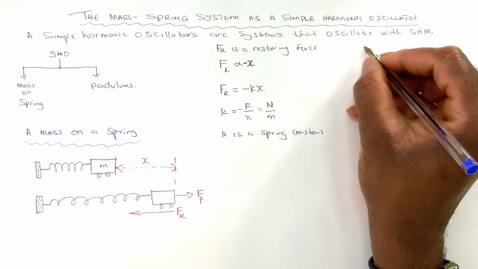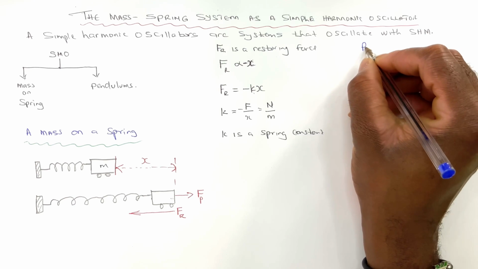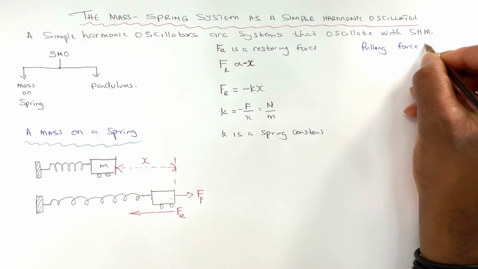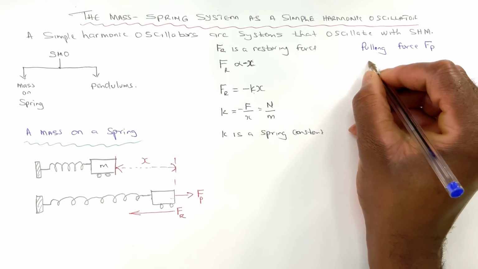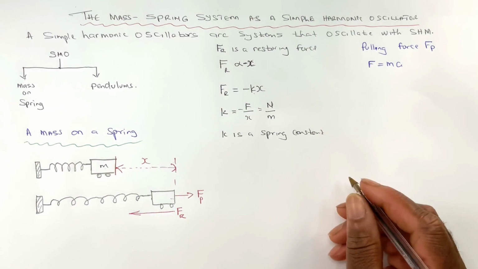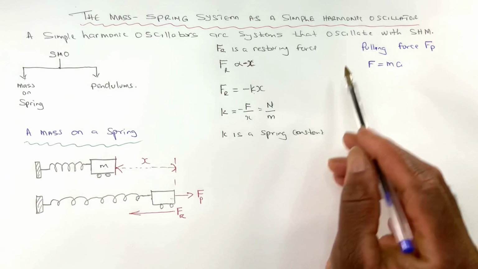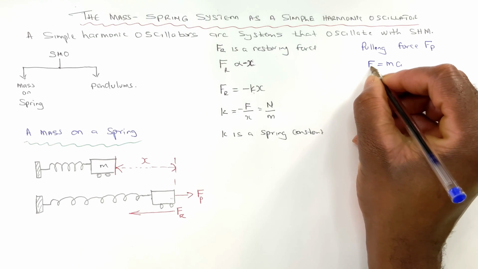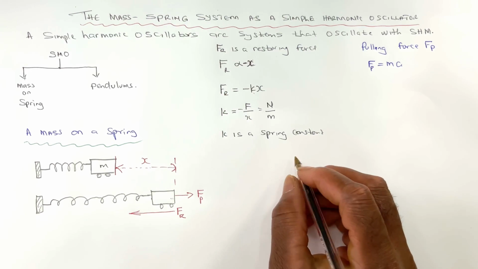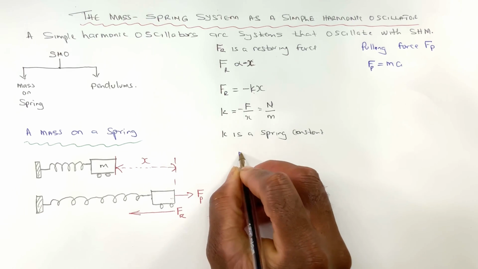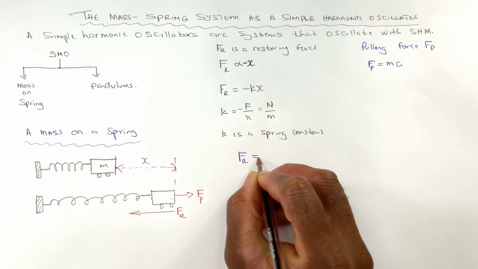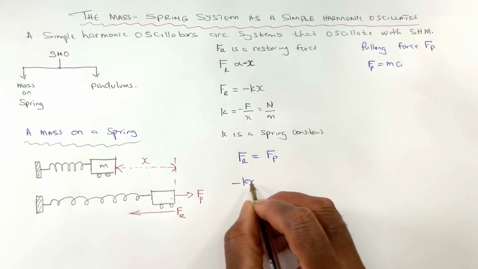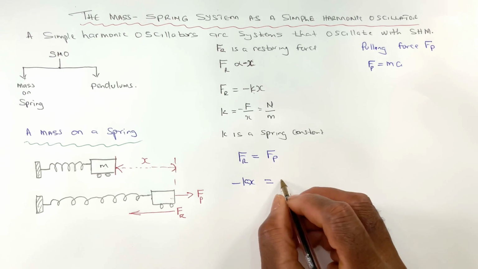That pulling force, so let's just call it FP because you're pulling the mass, will experience F equals MA, because this is going through simple harmonic motion. Now what we're going to have is FR equal to FP, but FR is minus KX, and that should be equal to MA.